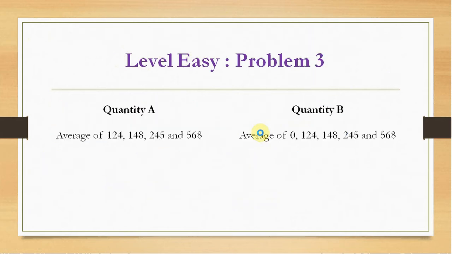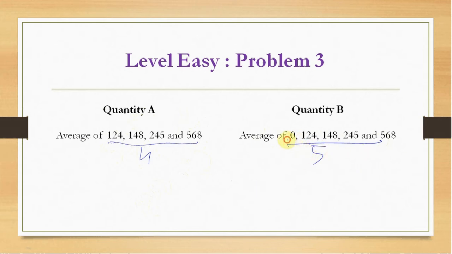Now we move to problem 3. This is a very simple quantitative comparison question. Here we have to compare whether quantity A or B is bigger. Quantity A is the average of these 4 numbers, so the sum of the 4 numbers divided by 4. Here it is the average of 5 numbers, so divided by 5.